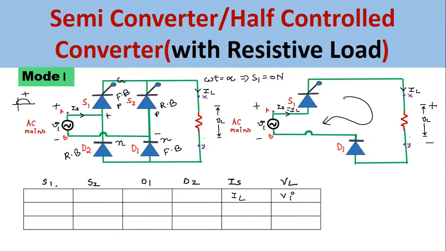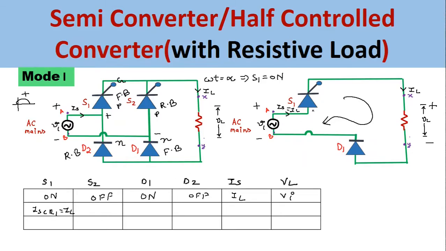Now we will see the voltage and current values of different devices connected in this circuit in the first mode of operation. The S1 SCR is on and D1 diode is on, D2 is off and S2 is also off. So what will be the current through the S1? ISCR1 will be equal to load current IL, and what will be the voltage across it?